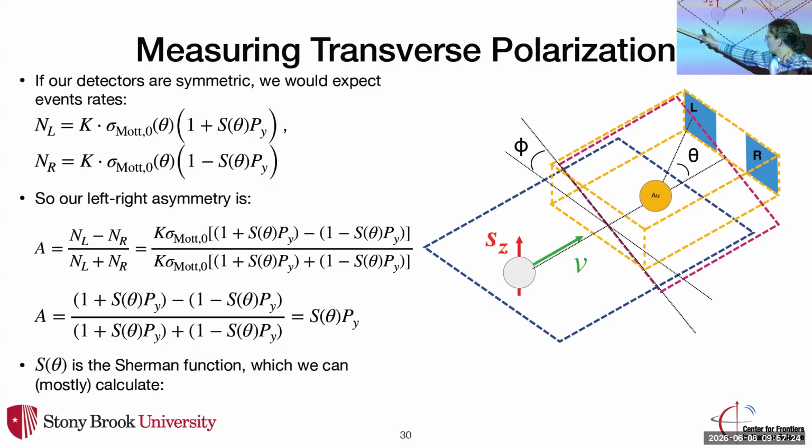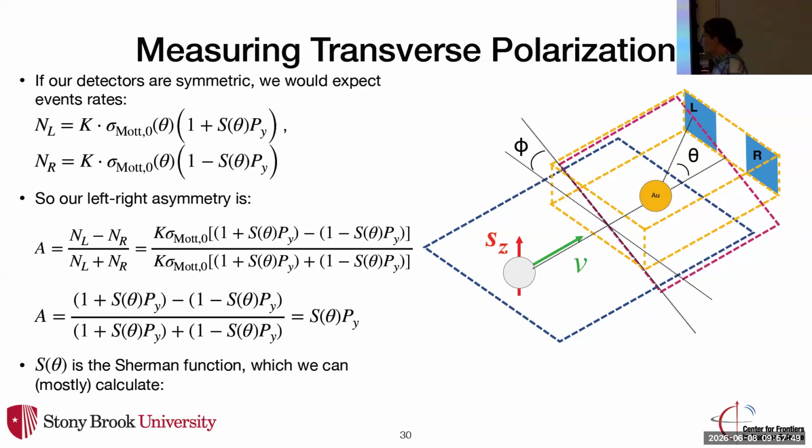We get all this stuff, and all of these terms cancel out. So all the sigma Mott 0, the unpolarized Mott cross-section, cancels out. And this is, again, why we like asymmetries also for physics measurements, because I don't need to know the acceptance, this kinematic factor that tells me about how likely I am to hit this, as long as I make the two the same.